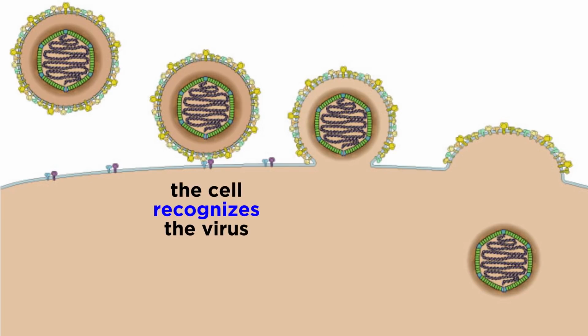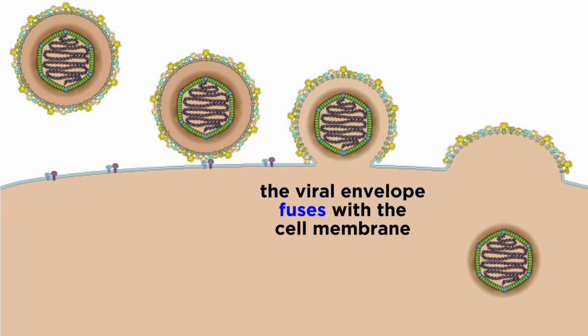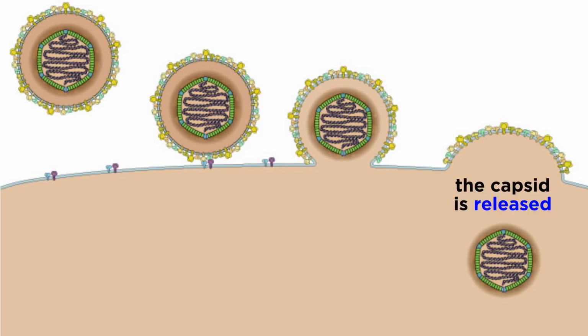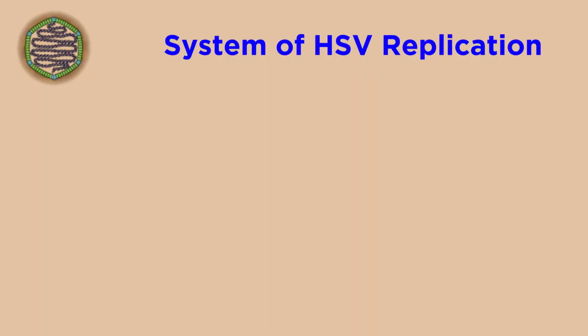Once the virus has attached to a cell, it penetrates the host cell by fusing its envelope with the cell surface membrane. Once the virus has fused with the host cell, it releases its capsid into the cytoplasm of the host cell, along with some enzymes that help the virus make more copies of itself. Now, HSV has evolved a very sophisticated and stepwise system to replicate itself.